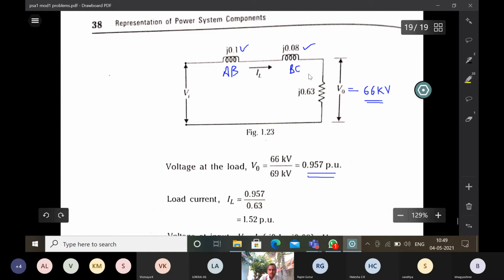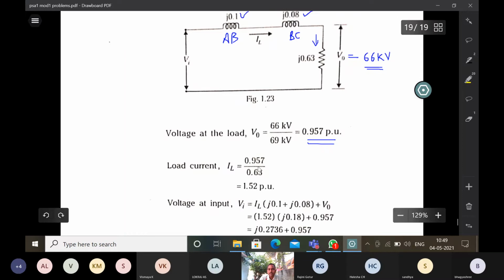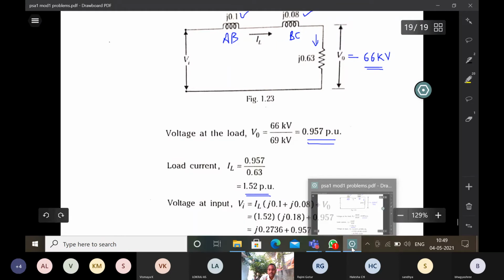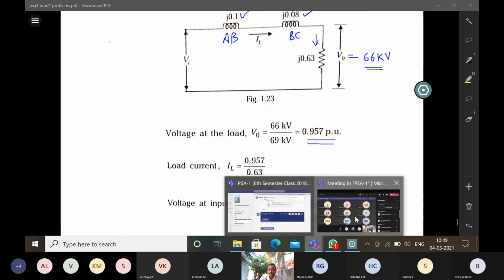This is J0.63 ohm. You have voltage, you have impedance. So what is the current flowing through this? This is series, right? We are calculating only through the load. So this is 0.957 divided by J0.63 per unit. How much is it? 1.52 per unit.